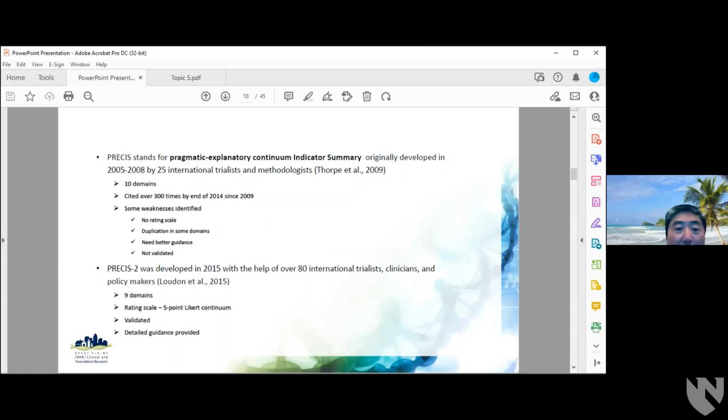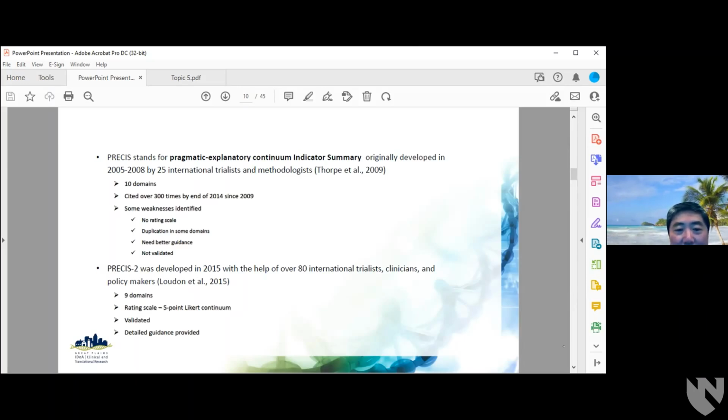So people came together, mostly from Europe and England. 25 international trialists and methodologists developed some protocol for RCTs. They looked at 10 domains to define this continuum indicator summary.